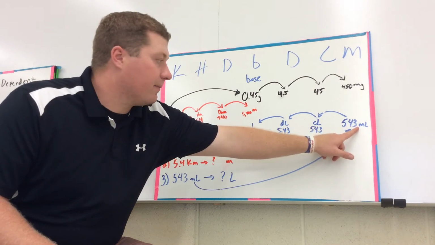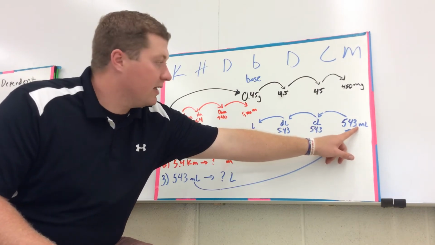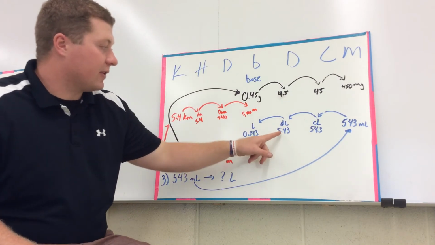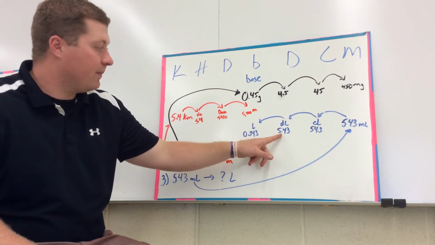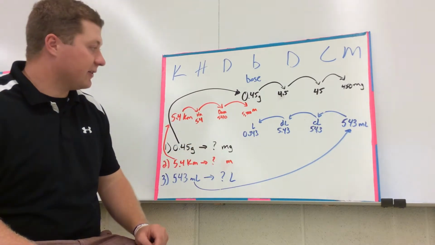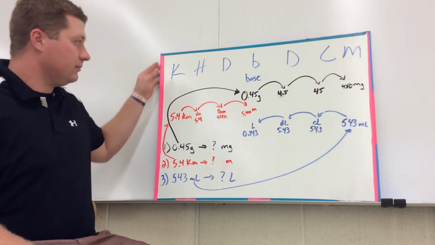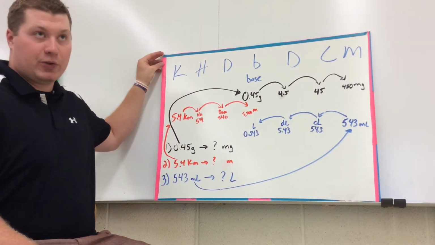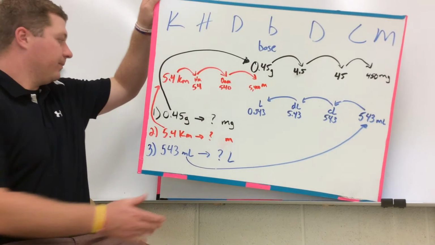I haven't drawn it in there, but it's assumed that's where it is. After our first jump, it's 54.3. After our second jump, it's 5.43. And after the third one, it's 0.543 liters. So that's the metric conversion part of this.